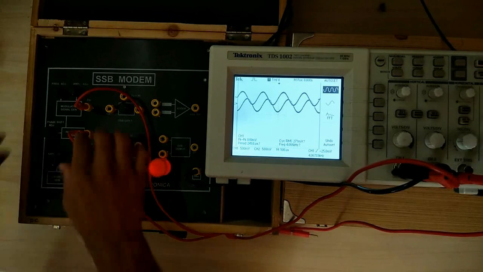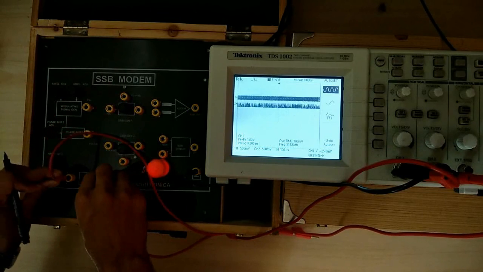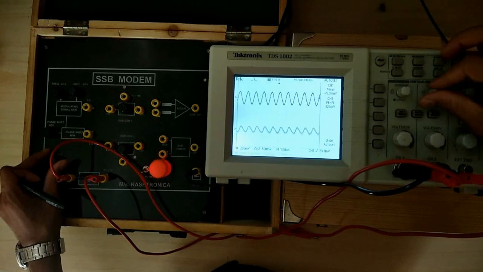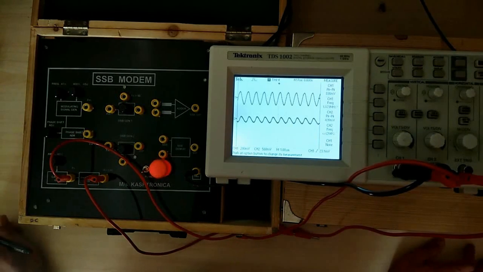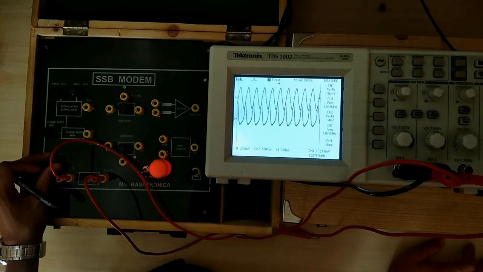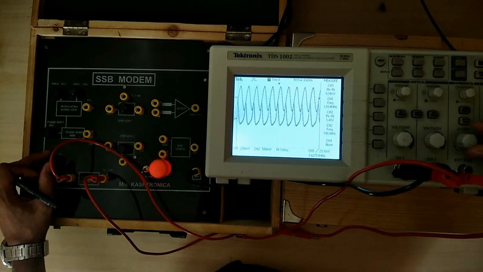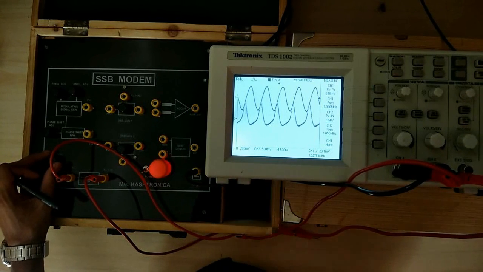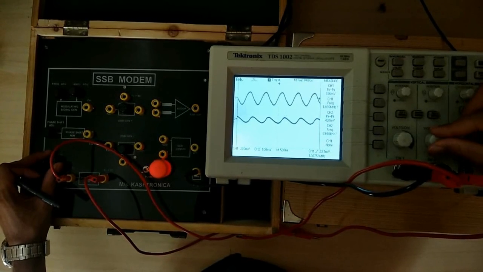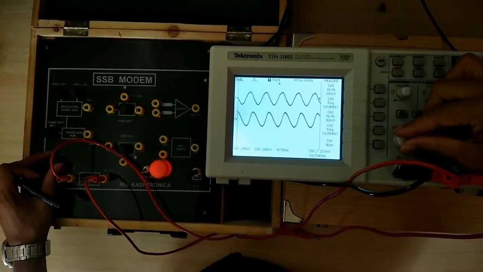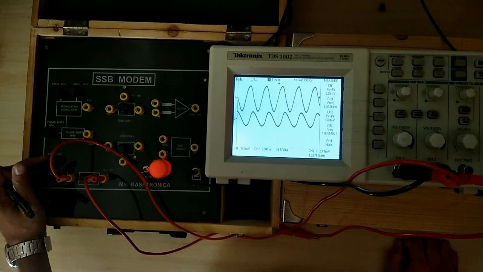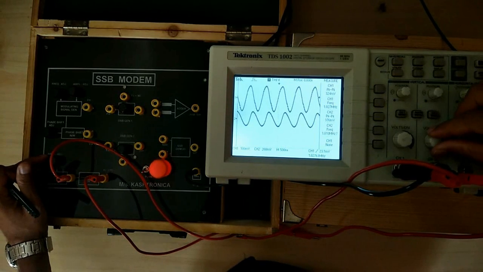Now let's set our carrier signal. In channel 1, this is my carrier signal. If you increase the amplitude, the signal is no longer a sine wave, so we have to keep the amplitude such that it remains a sine wave, because this generator produces a signal of 1 megahertz, and that is why the signal is somewhat distorted.